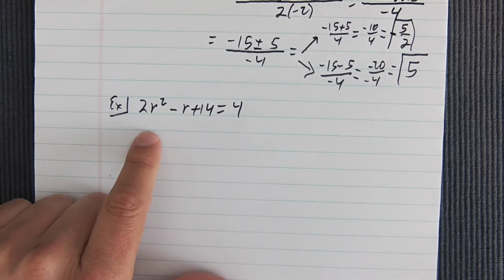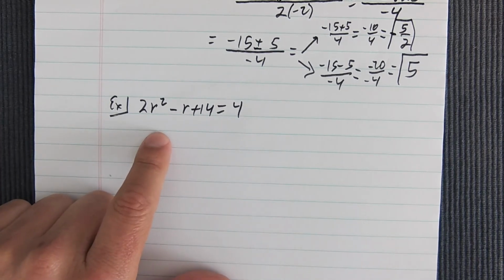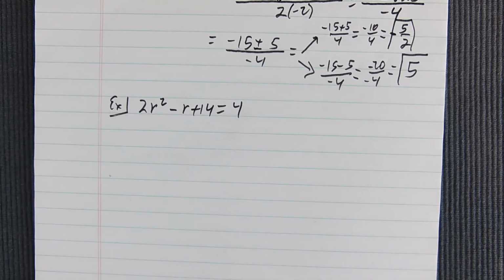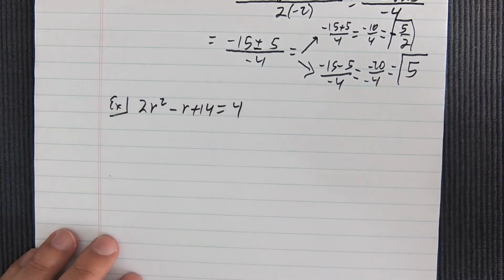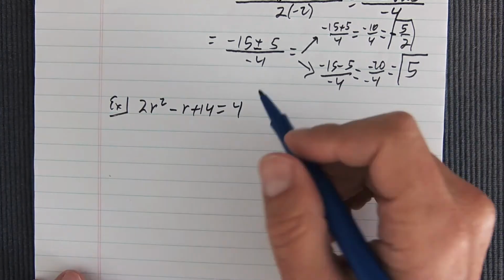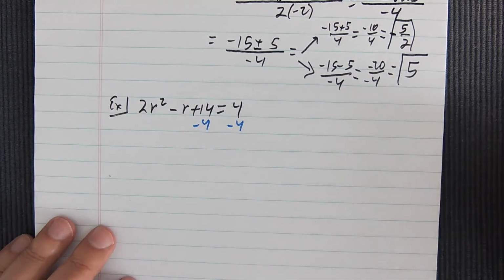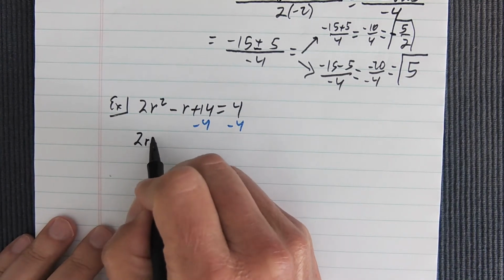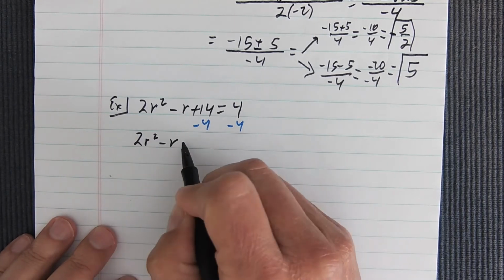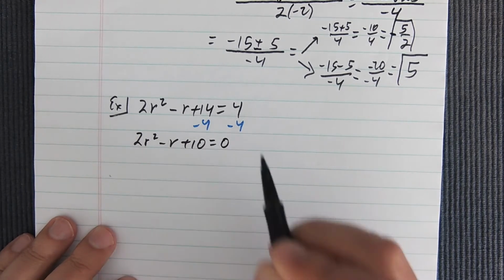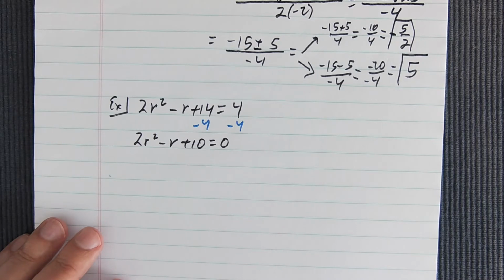By the way, we know that it's a quadratic because we have an r squared, or x squared, or n squared, or whatever it is that we're doing. We need to get the whole thing equal to 0 first. Oh, this one is factorial.